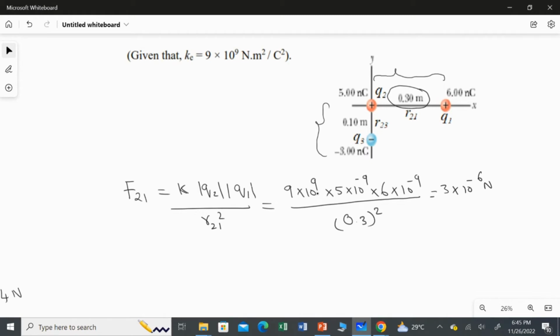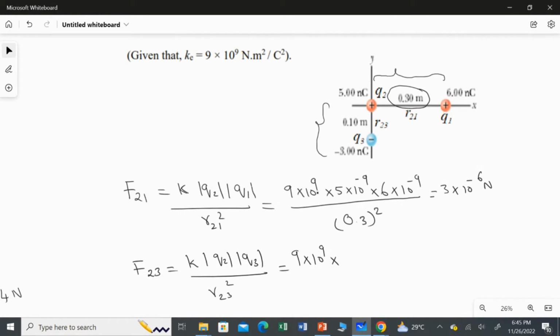And likewise, I have to find the interaction between charge 2 and 3. So F of 2 and 3 gives K, magnitude of the second charge multiplied by magnitude of the third charge over the distance R of 2 and 3 square. Clear? So here 2 3 is nothing but the distance. Okay, so don't get confused. I have to apply the value 9 multiplied by 10 power plus 9, multiply with Q2.